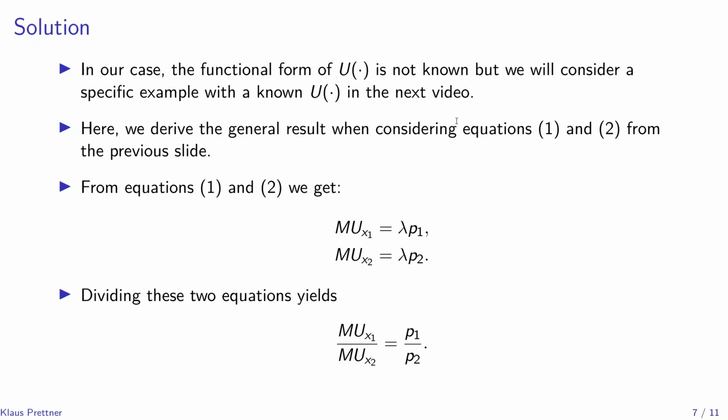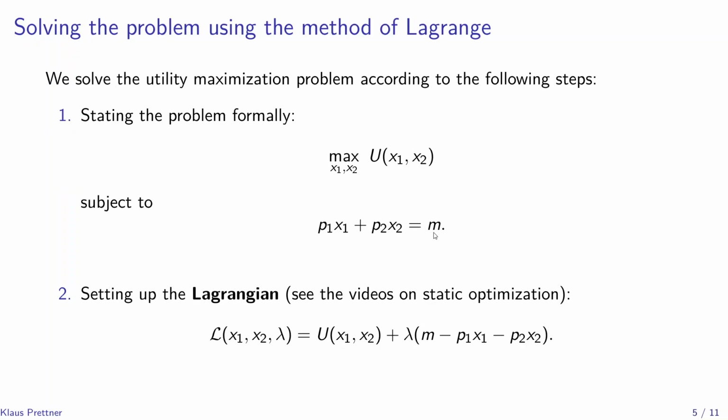In our particular case here, we don't have any specification of the utility function yet, so u of x1 and x2 is not known, the functional form is not known, but we will consider a specific functional form in the next video, a specific example that is very frequently encountered. Here we derive a more general result where we just consider equations 1 and 2 from the previous slide.